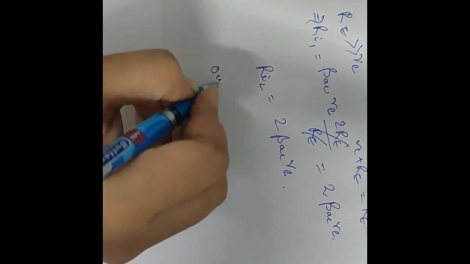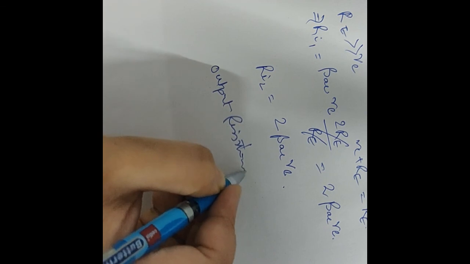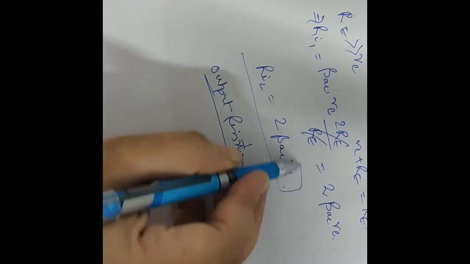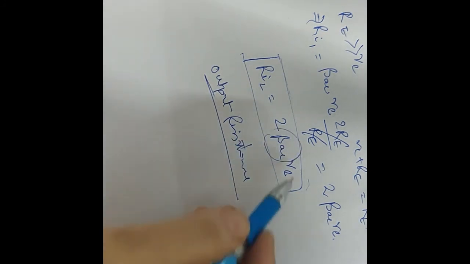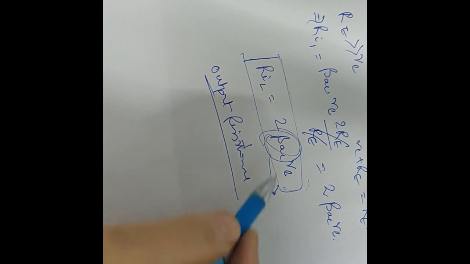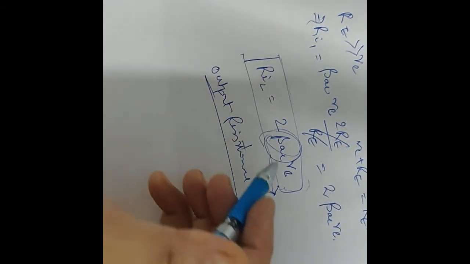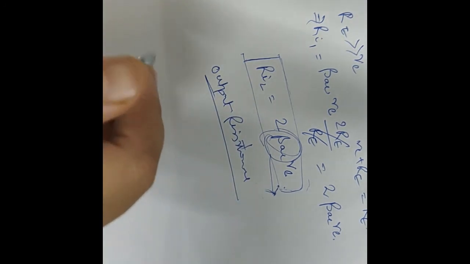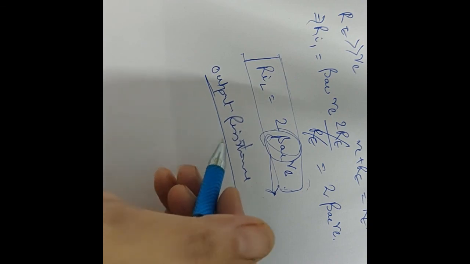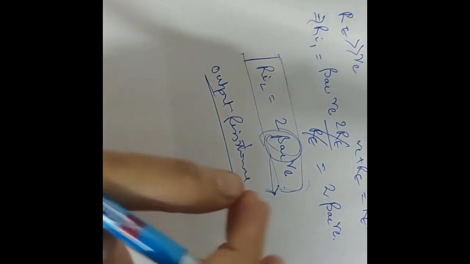Now we'll measure the output resistance. As you can see in this diagram, our input resistance is very high. Why is it high? Because it is dependent on the value of beta AC. So naturally the differential amplifier has a very high input impedance, very high input resistance. Now let's come to the output resistance. We'll measure the output resistance at either output terminal with respect to the ground.